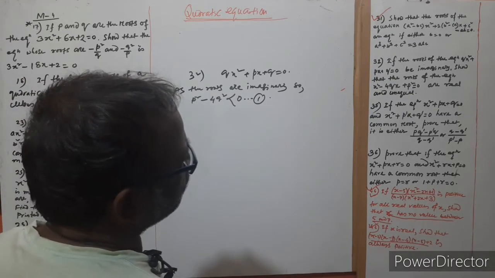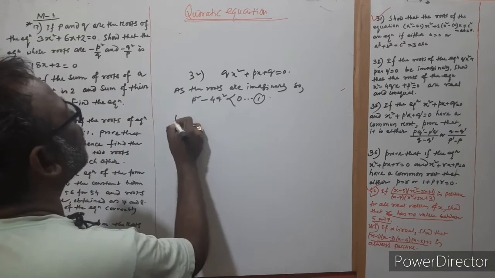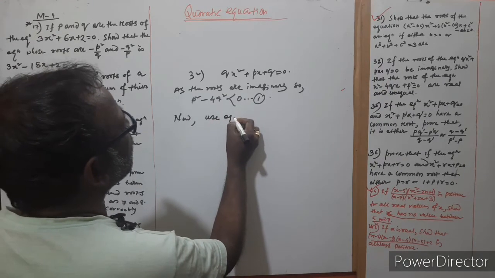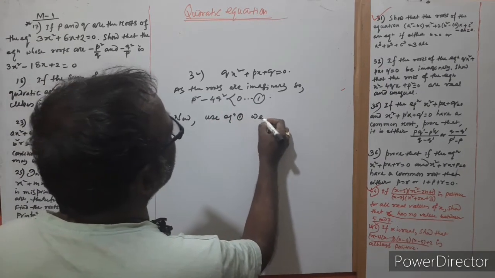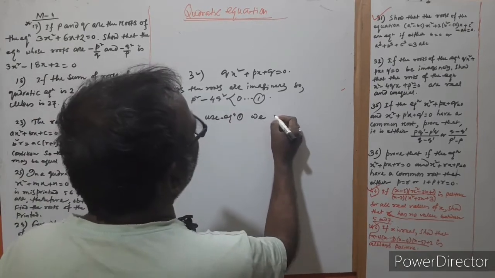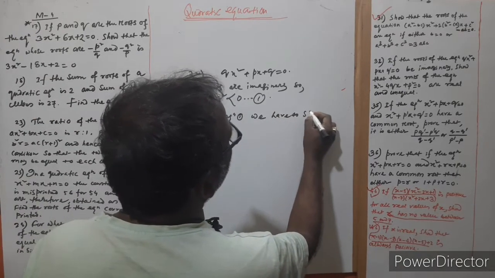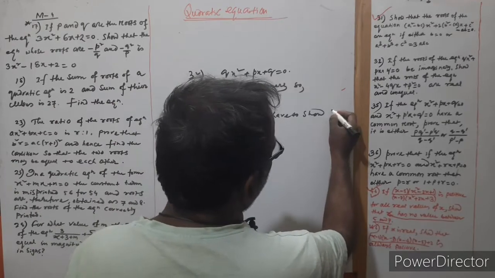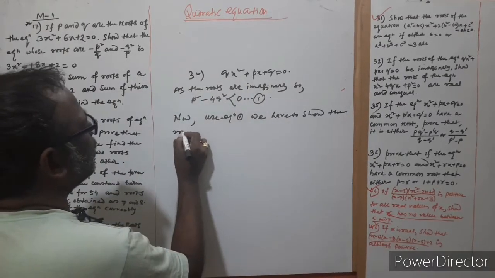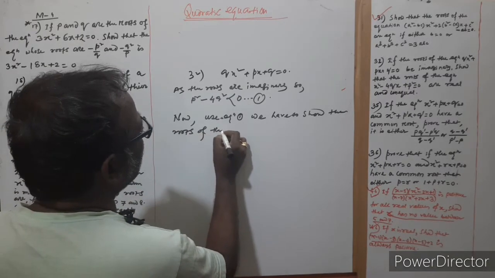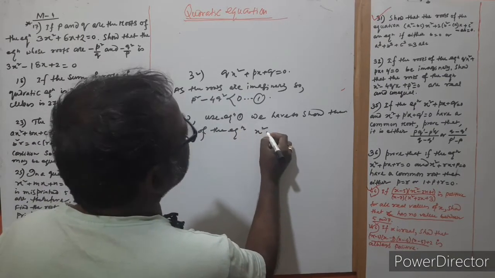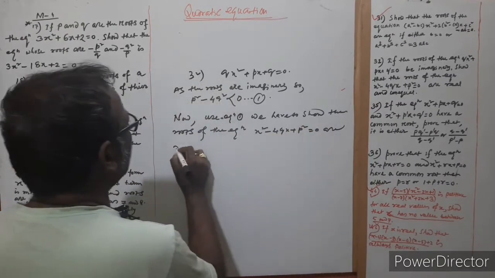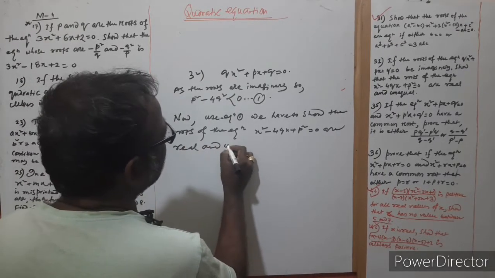Okay, and so that the roots of this equation are real. Now use equation 1; we have to show that the roots of the equation x square minus 4qx plus p square equal to 0 are real and unequal.